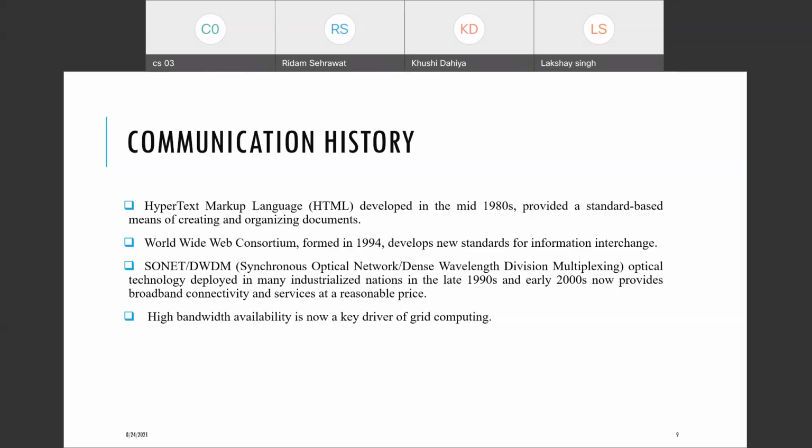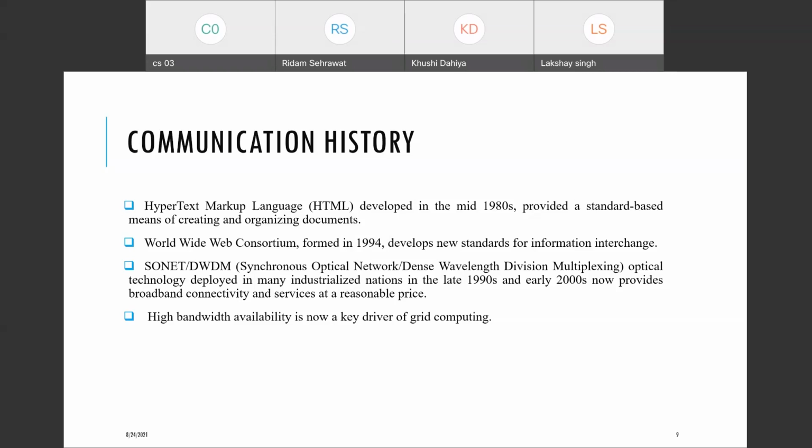What is the benefit of that? The benefit is that the service is provided at a reasonable cost for your broadband connectivity. Now they are not as costly as they were in the initial time. So they are using optical. SONET, beta, is Synchronous Optical Network. Fine.